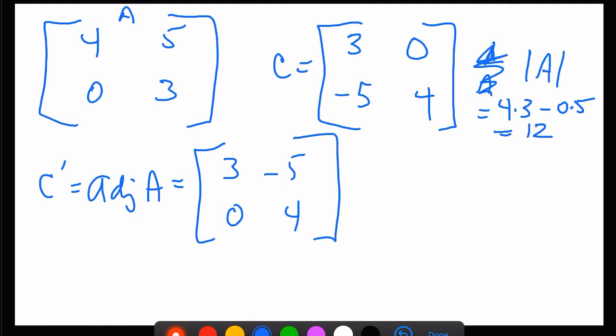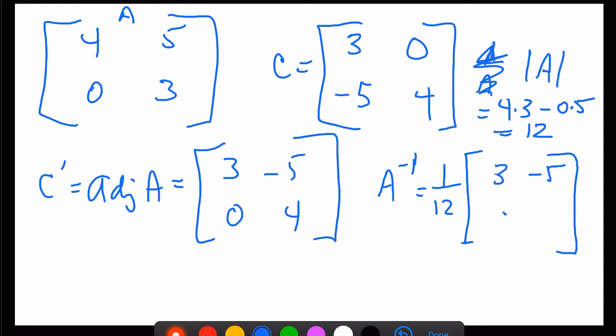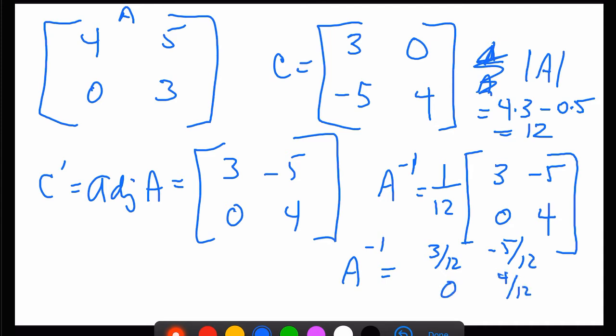Okay. So A inverse is going to be 1 over 12 times 3, minus 5, 0, and 4. So A inverse equals 3 twelfths, minus 5 twelfths, 0, and 4 twelfths.